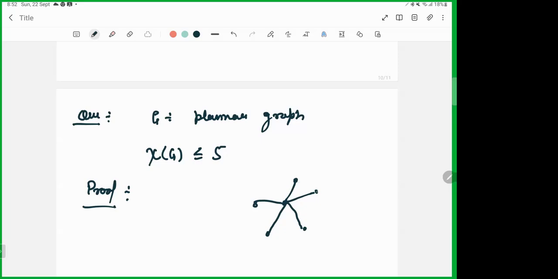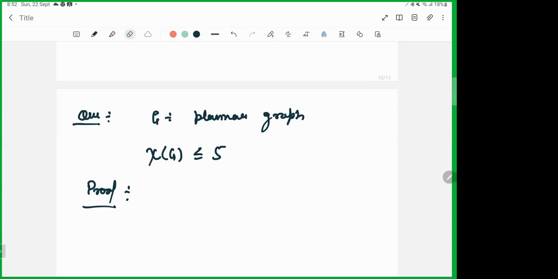So there is 1, 2, 3, 4, 5. If you color each one with a different color, then one more is needed for the center. So you will need 6. So how will you proceed? This is the maximum case.